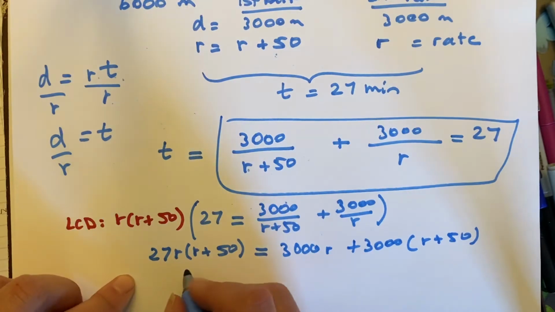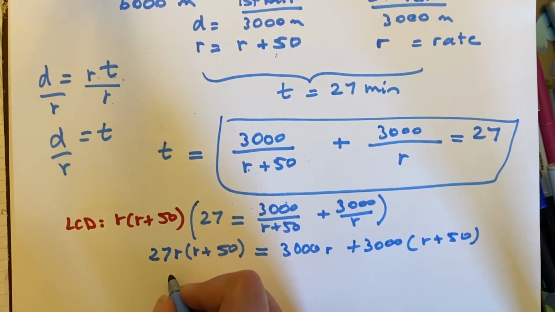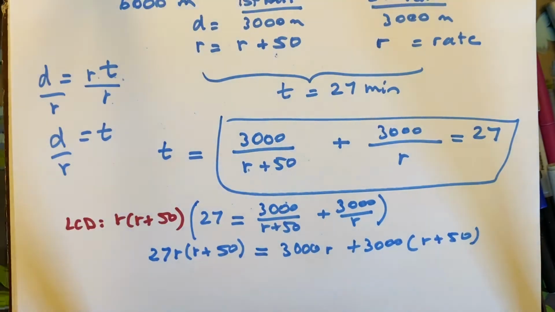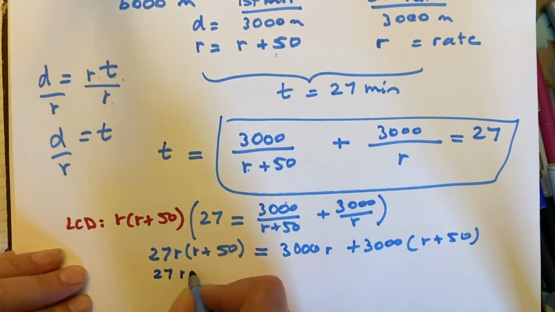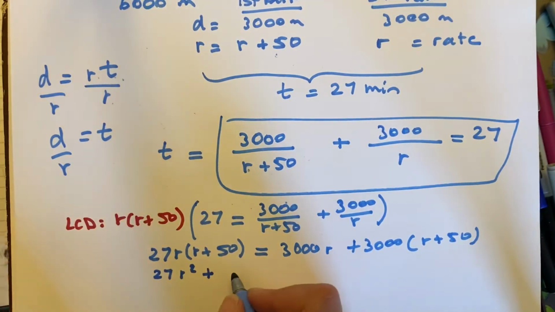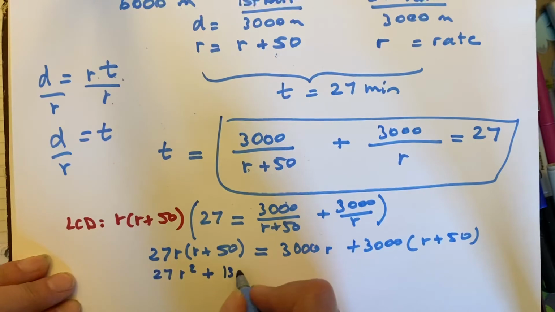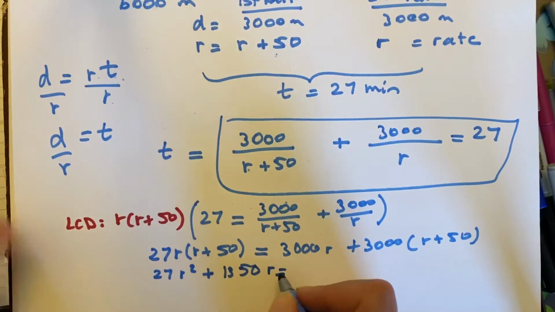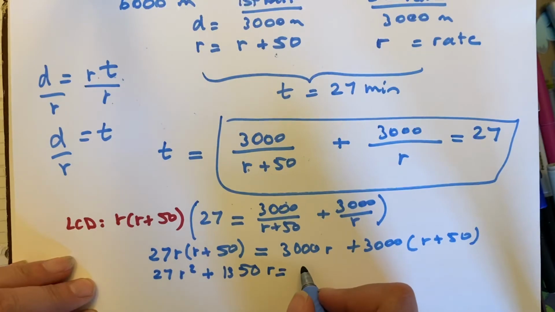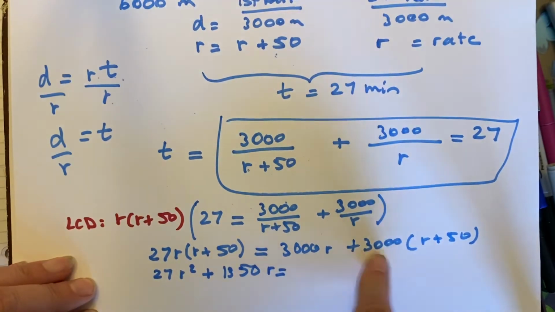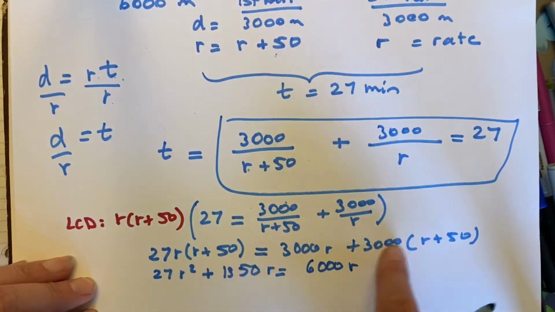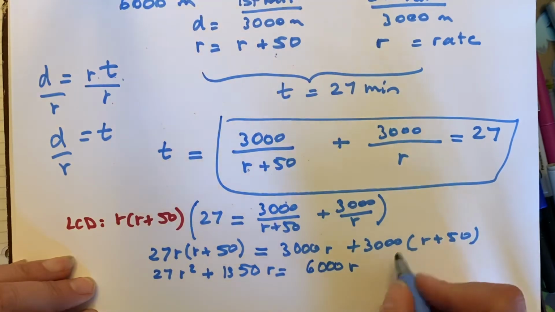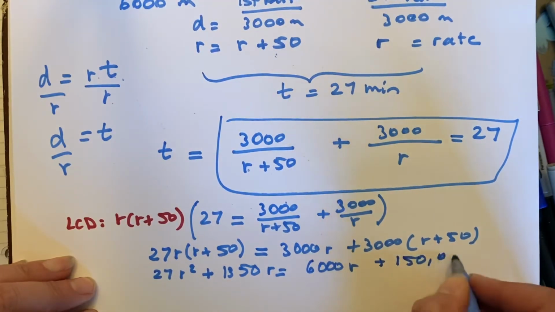Multiplying everything through, making sure I'm doing this all very correctly, I'm going to end up with 27r squared plus 1350r equals, when I get 3,000r and then this 3,000r gives me another 3,000r, I'm going to end up with 6,000r, and then this 3,000 times 50 gives me plus 150,000.